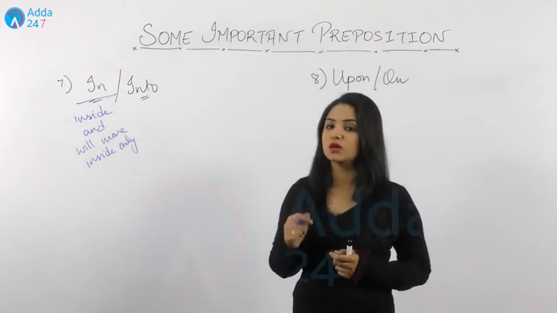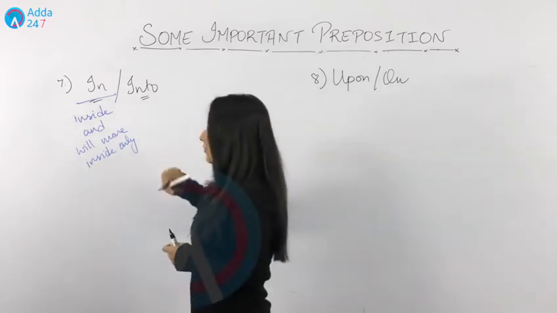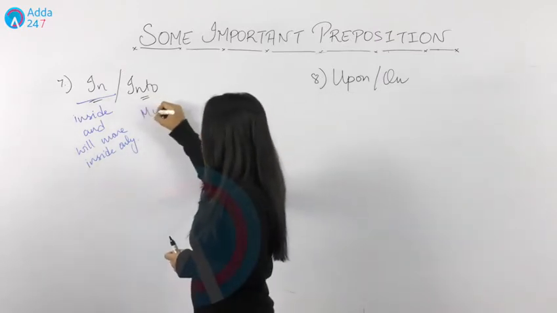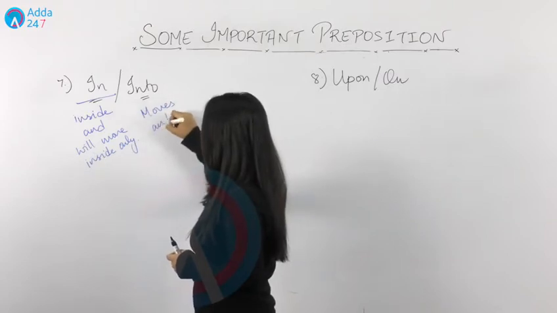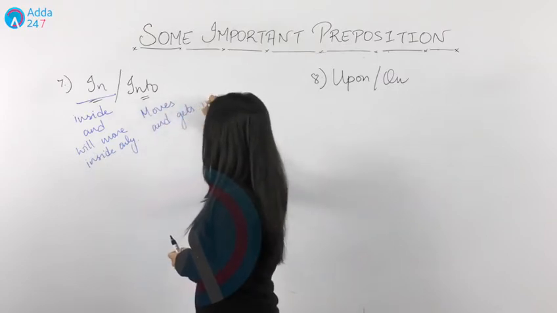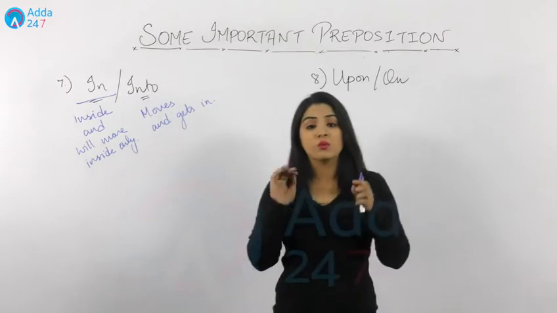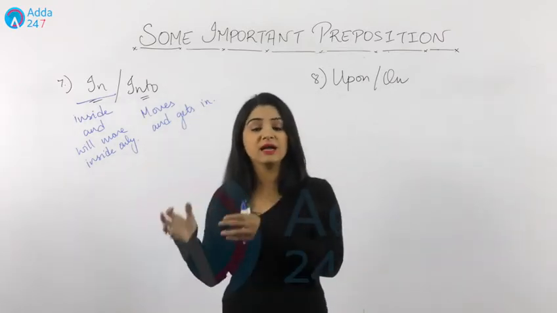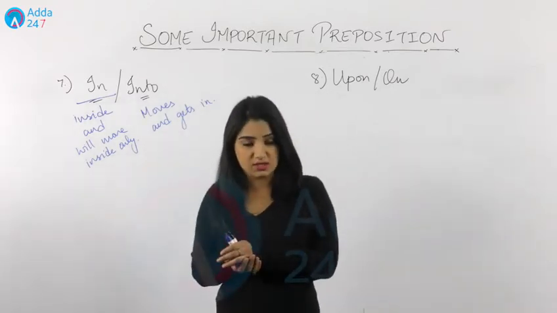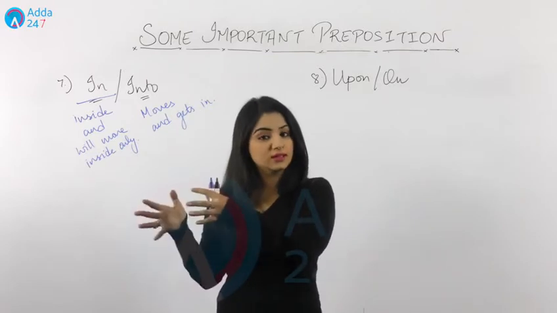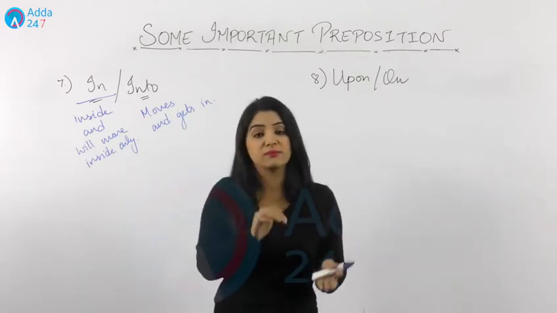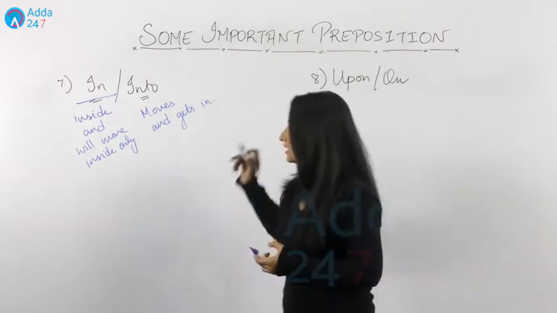Then you can use the word in. But when you talk about in, it says moves and gets in. Into is used when you have something that changes its surface. It will move from one thing and it will enter something else. Then you use into there.